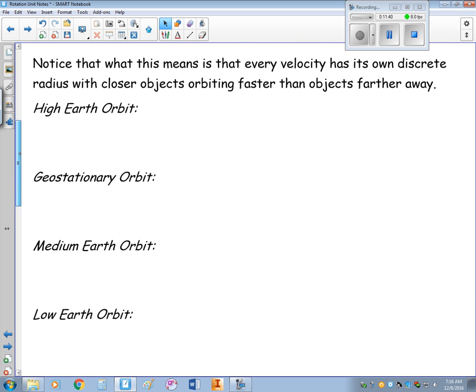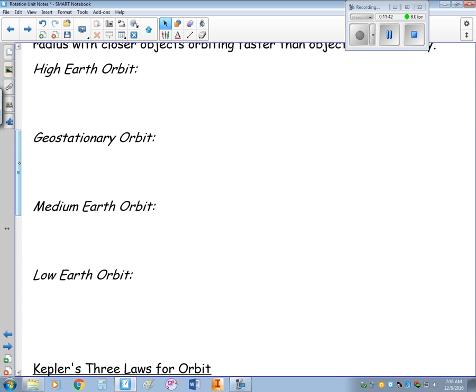We have different types of orbits. I'm just looking at 4. So I've got high Earth orbit, geostationary orbit, medium Earth orbit, and low Earth orbit. So let's take a look at each of these. I'm going to use capital O R for orbital radius. So for high Earth, the orbital radius is somewhere greater than 26,000 miles.